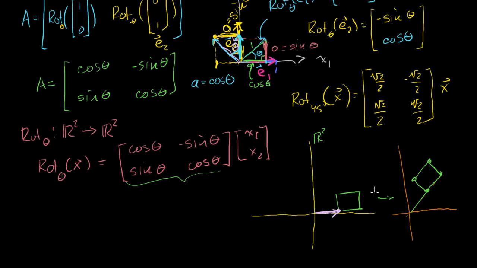When you apply the rotation of 45 degrees to that vector, this vector then looks like this. And the vector that specified this corner right here, when you rotate it by 45 degrees, then becomes this vector. And the vector that specified that corner over there now becomes this vector. That's what's actually being transformed.